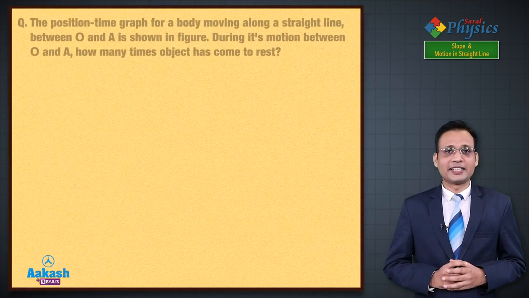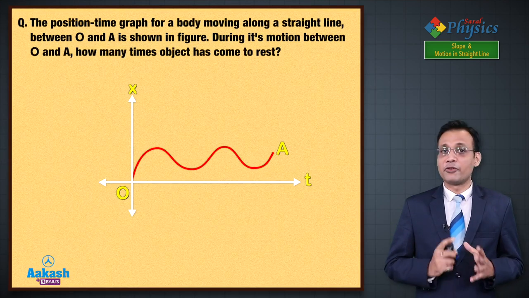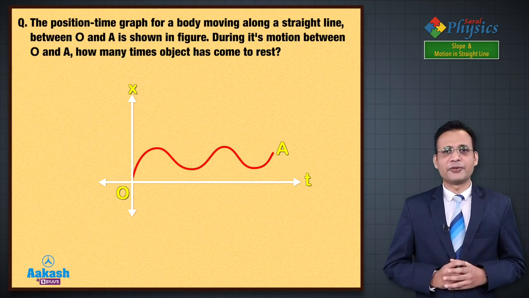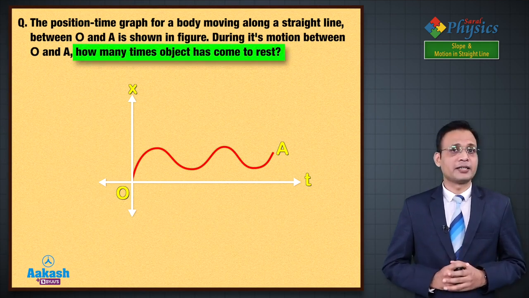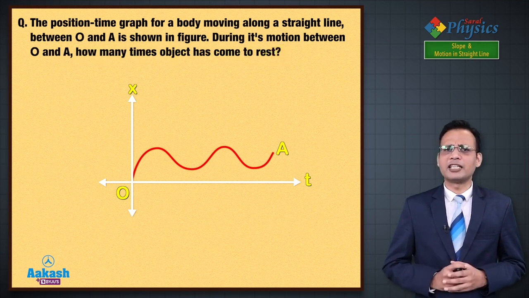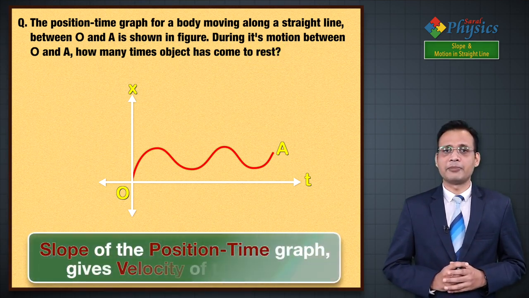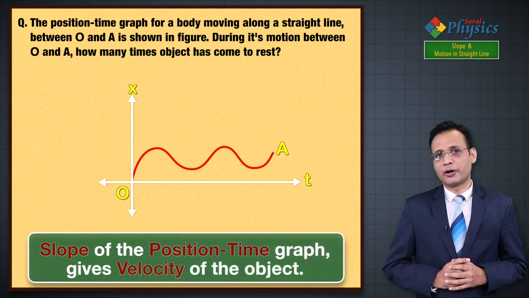Now let me show you through an example where you can use this idea of slope to solve a physics problem. In this question, we have a position time graph of a moving particle and we have to find how many times the object has come to rest. Now to solve this problem, first we need to know that the slope of the position time graph gives velocity of the object.